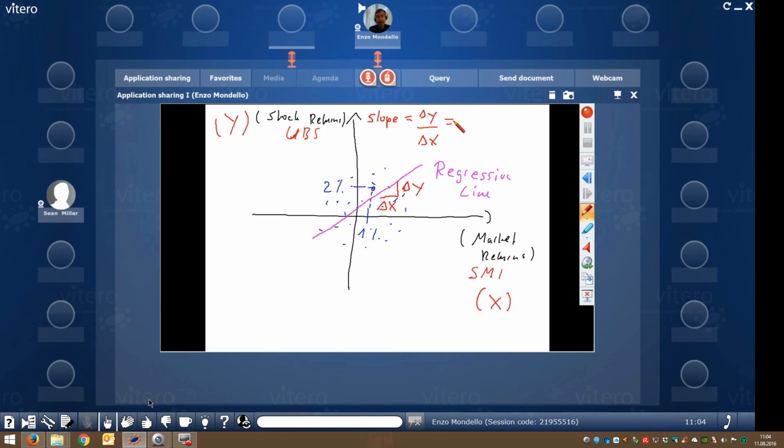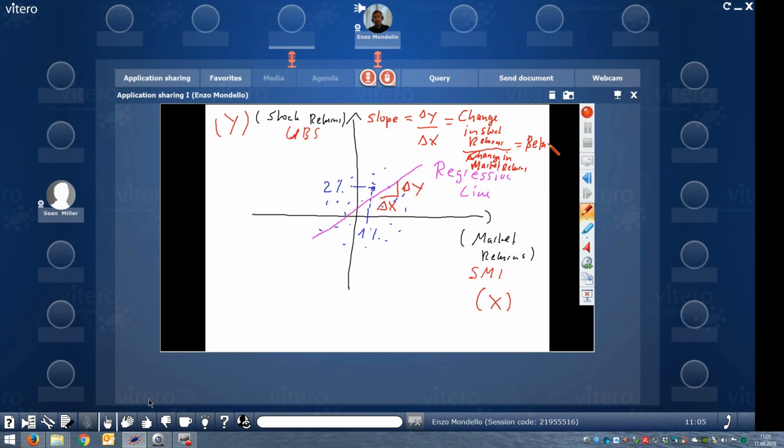The change in y, that's the change in stock returns, so the stock return of UBS, and you're dividing that by the change in market returns. And that gives then the beta of our stock.